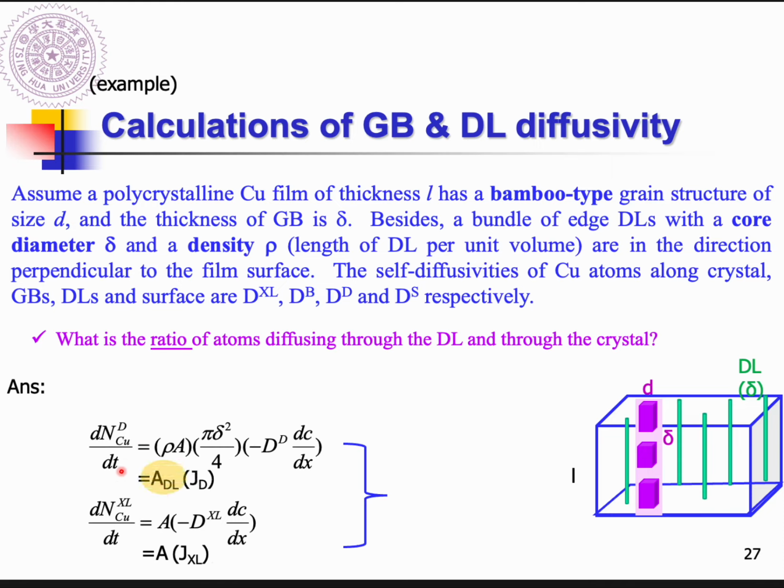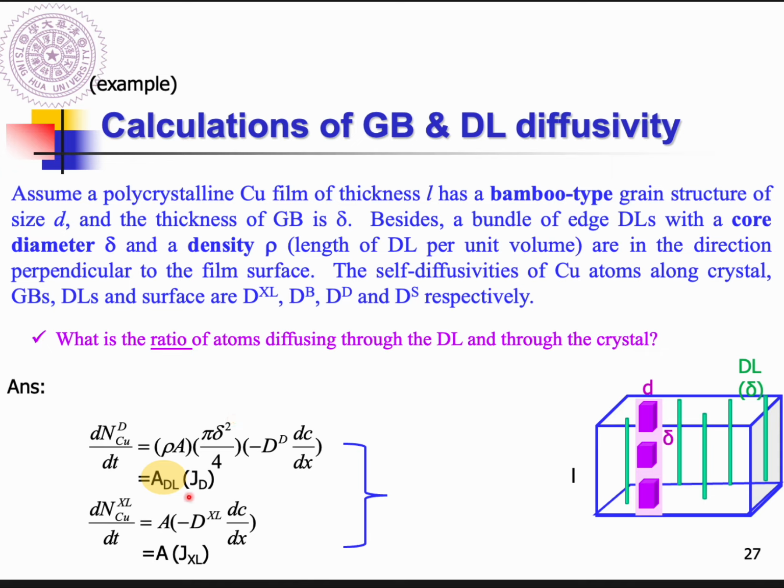And for the other one, in order to get the number of copper atoms passing through the dislocation, we also use the concept of flux. So dt and A dL is the area for this location, and J_d is the flux along the dislocation, which you can write as minus D_d, the diffusivity along the dislocation, times the concentration gradient.